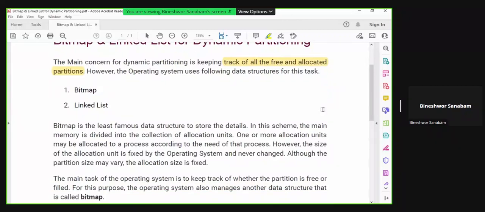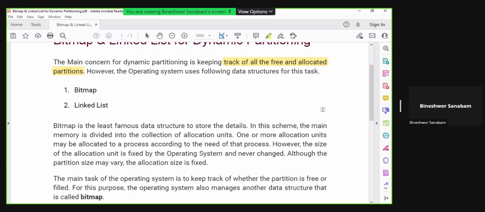The first one is the bitmap. Here your main memory is divided into a collection of allocation units. One or more units may be allocated to a process according to the need of the process. However, the size of the allocation units is fixed by the operating system and never changes. Although the partition size may vary, the allocation size is fixed.